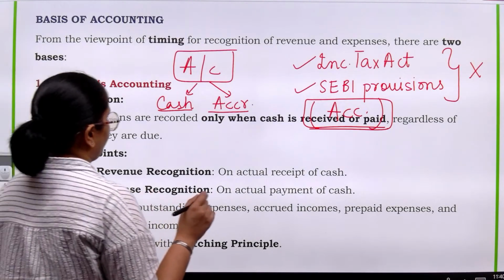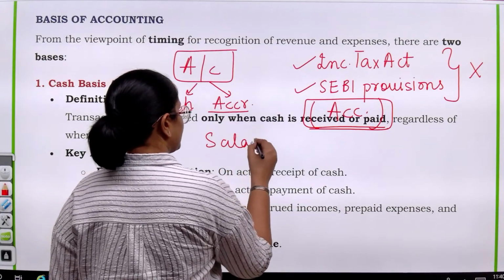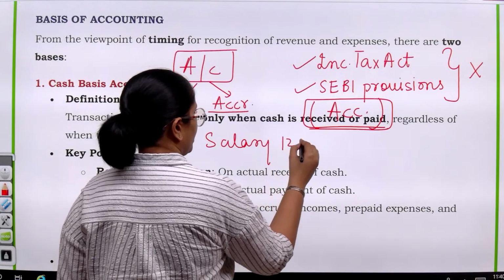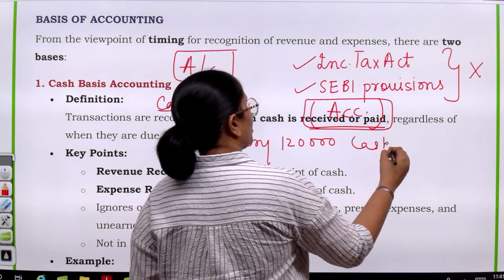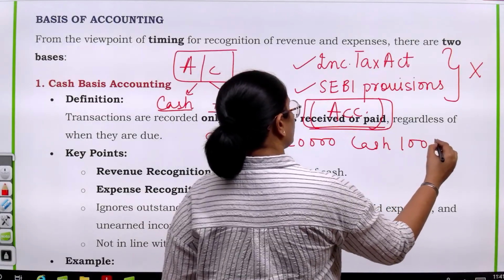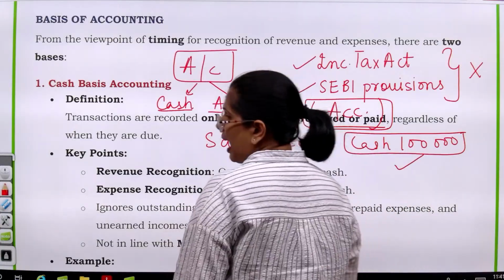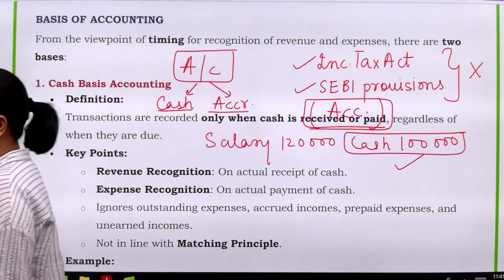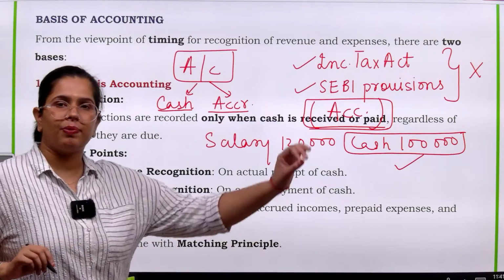So if my salary to accountant is 1,20,000 but I have only paid in cash 1 lakh, so what will I record in my books? मैं अपनी बुक्स में क्या रिकॉर्ड करूंगी? 1 लाख. I will not record 1,20,000, मैं सिर्फ 1 लाख रुपीज रिकॉर्ड करूंगी.